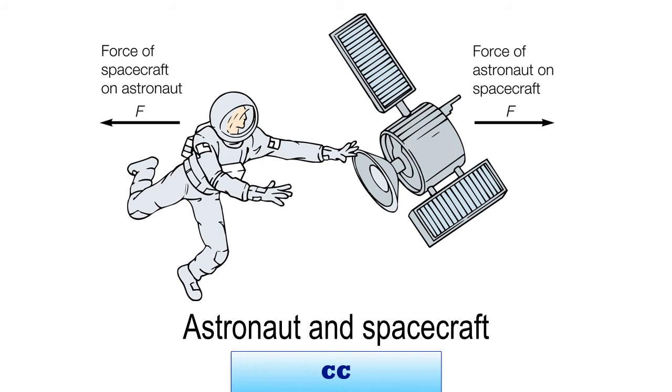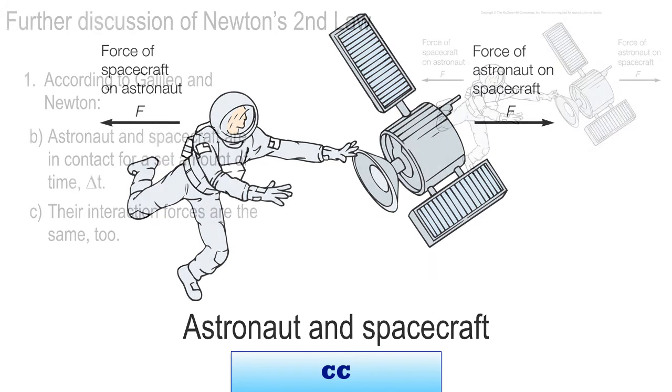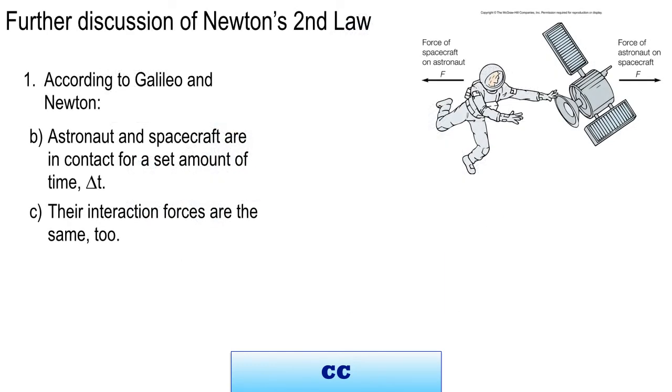Now, Newton's third law: if the astronaut pushes on the spacecraft, it will push back on him if it's rigid, right? And those two forces are listed with the letter capital F. So we're going to talk about that. In addition to the interaction forces being the same, the contact time is the same.